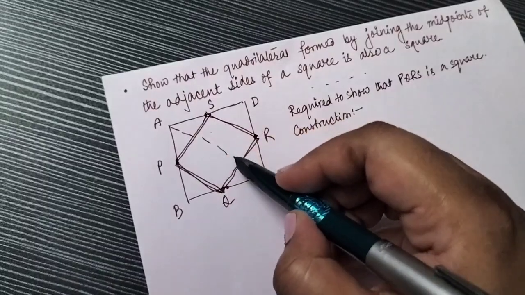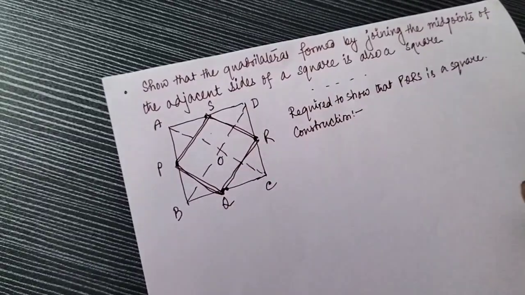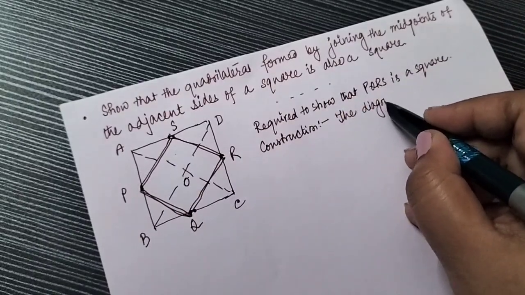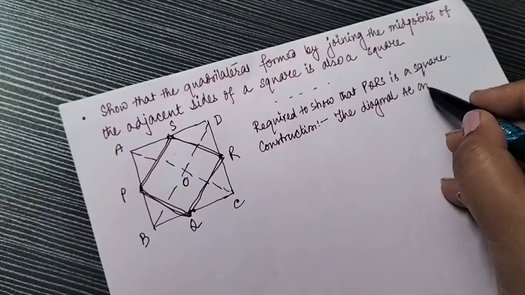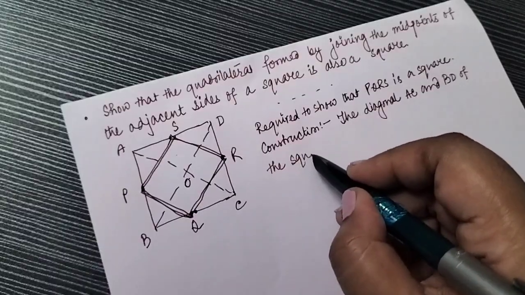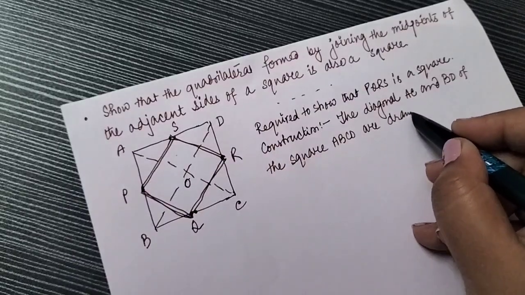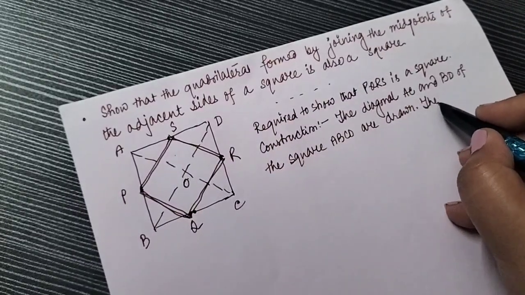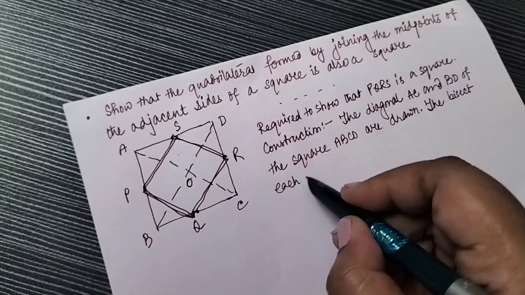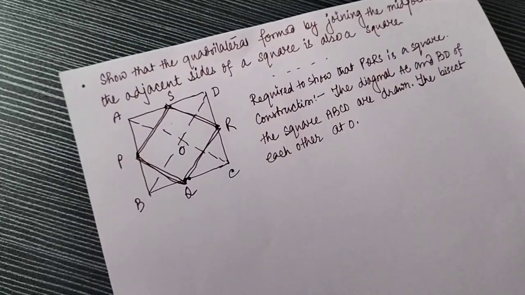So here the diagonals AC and BD are drawn and let them intersect each other at O. The diagonals AC and BD of the square ABCD are drawn. They bisect each other at O.